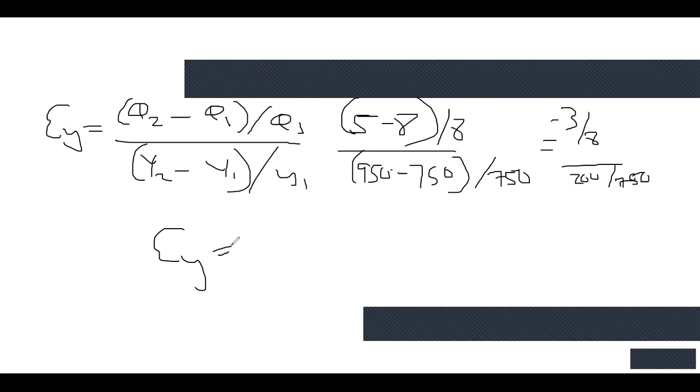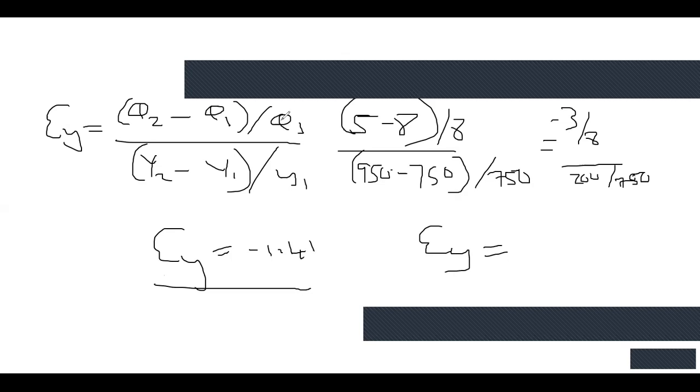So negative 1.41. What is the implication? It's an inferior good, because we're getting a negative. If it was positive, it would be a normal good.